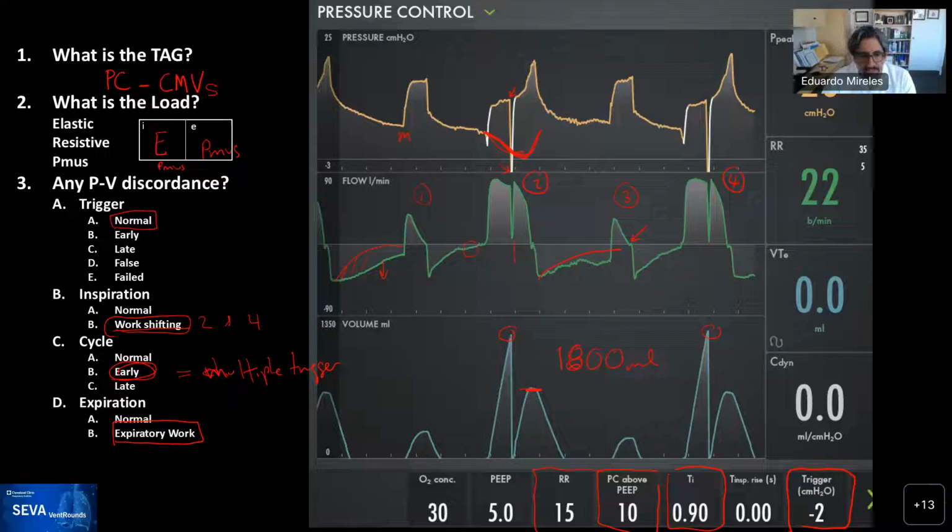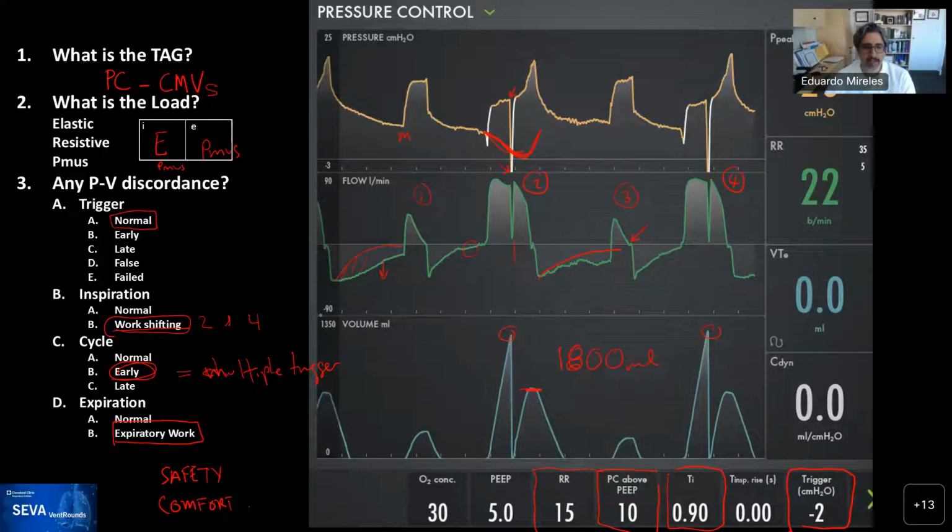So as I'm looking at this, the first question that I always ask myself is, what's my goal? If the goal is safety, that means that I want to protect the lung or maintain gas exchange, or if the goal is comfort, then I'm trying to achieve better synchrony and balance the work of breathing.